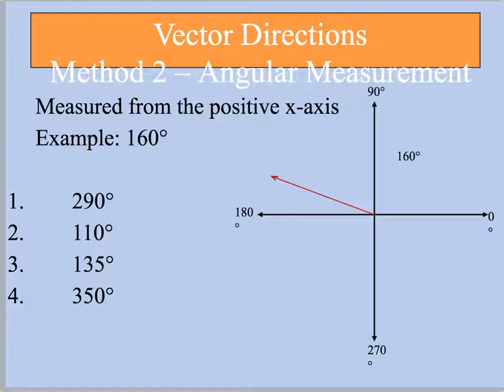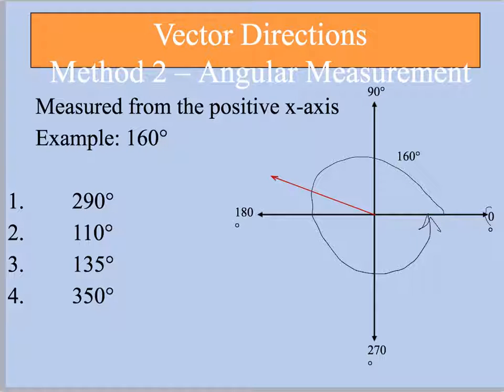Well, another way that we can describe direction with vectors is what we call angular measurement. And this is a way to take out the use of our cardinal direction words, north, south, east, and west. We basically look at the X and Y axis as just one big circle, and we have to give it values going around the circle.